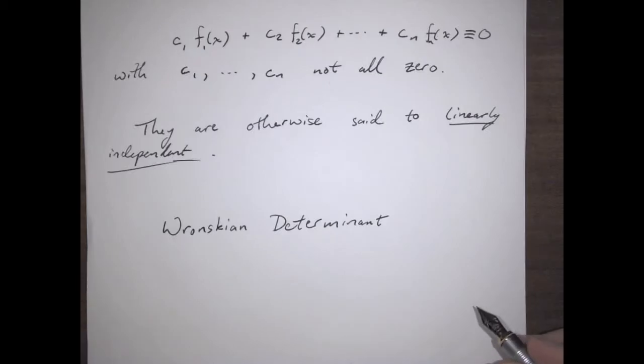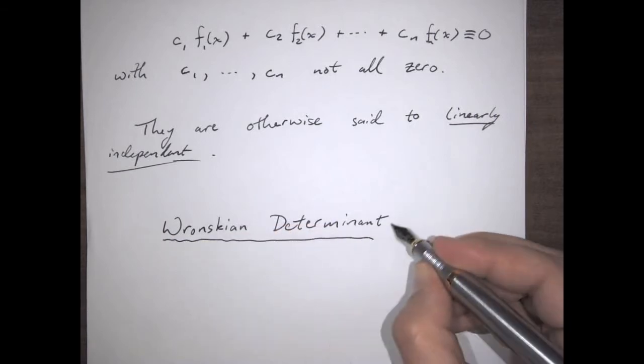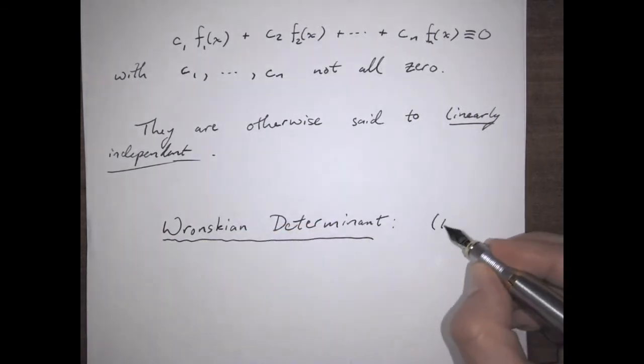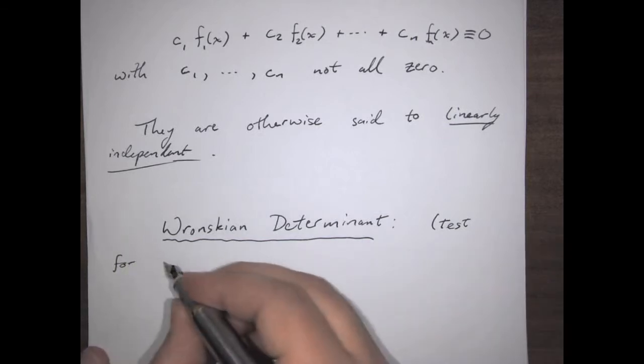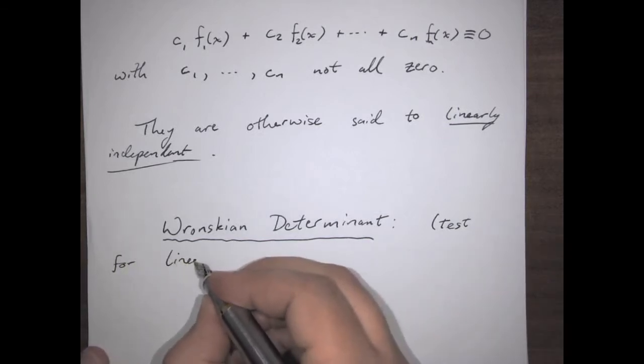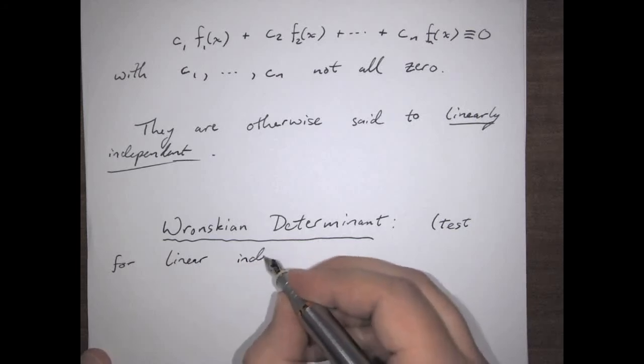So we're not going to make much use of this because it's a little bit more trouble than it's worth for us. So this is a test for linear independence or dependence.